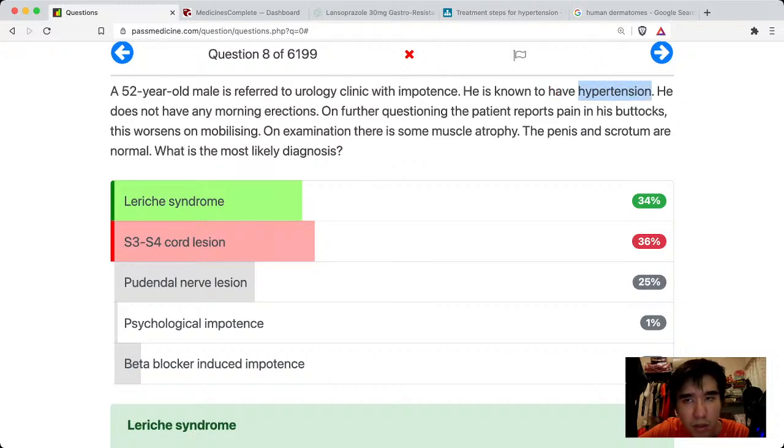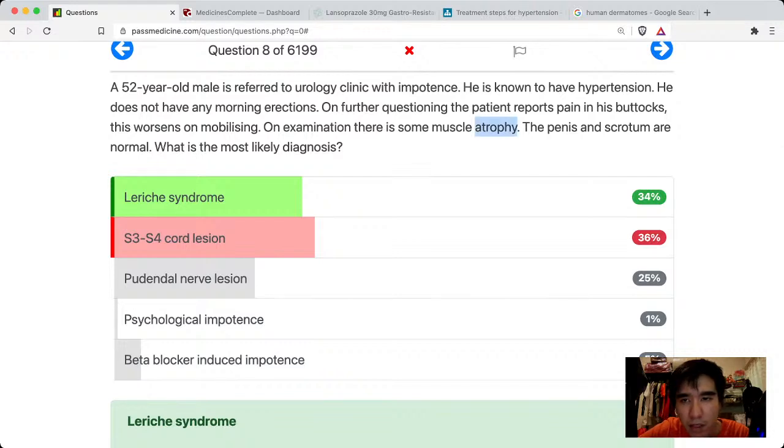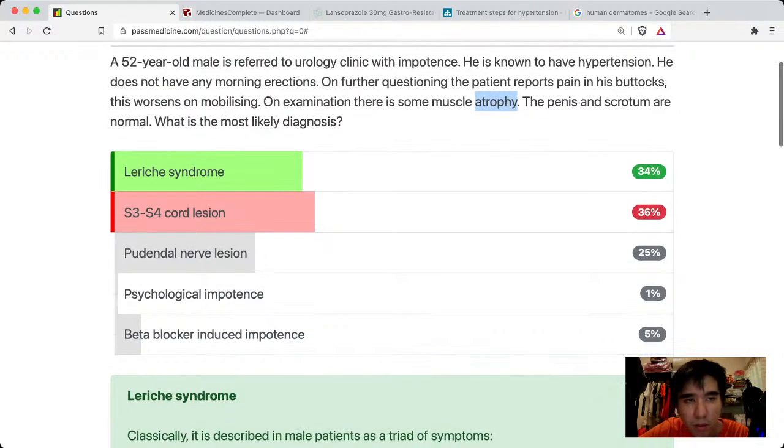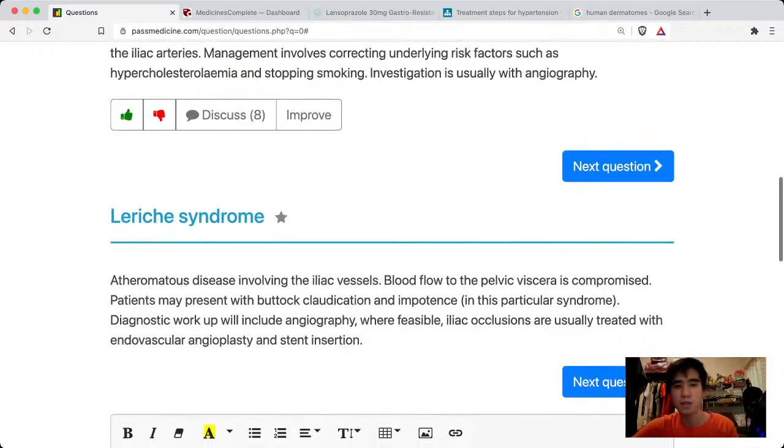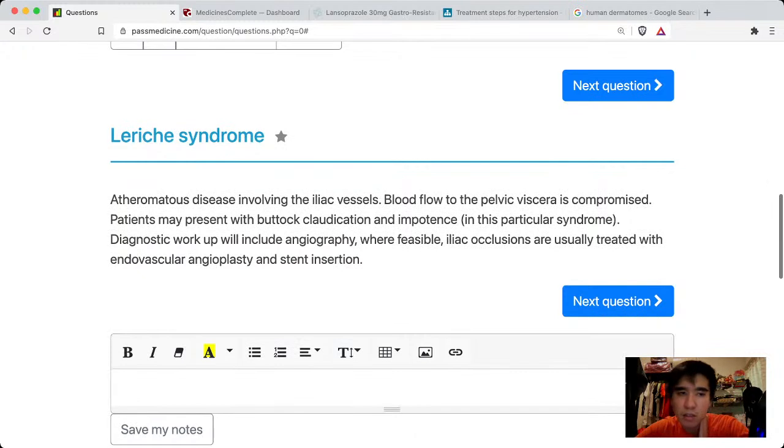Hypertension, risk of arteriosclerosis. Muscle atrophy. Doesn't say which muscle, assuming the thighs or buttocks. Okay, so everything is related to inadequate blood supply.